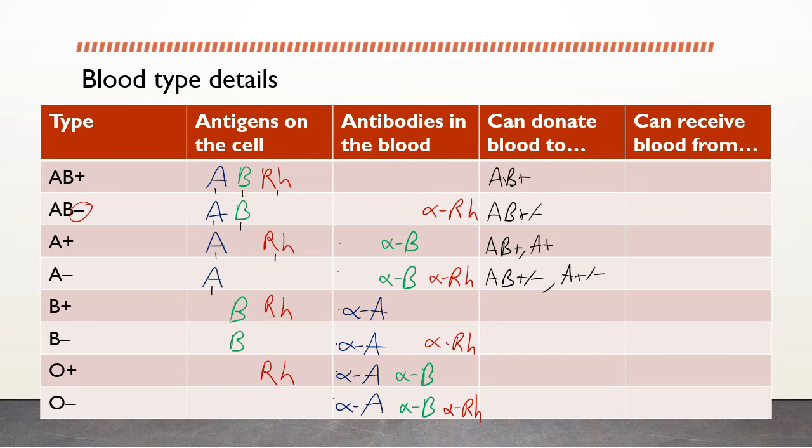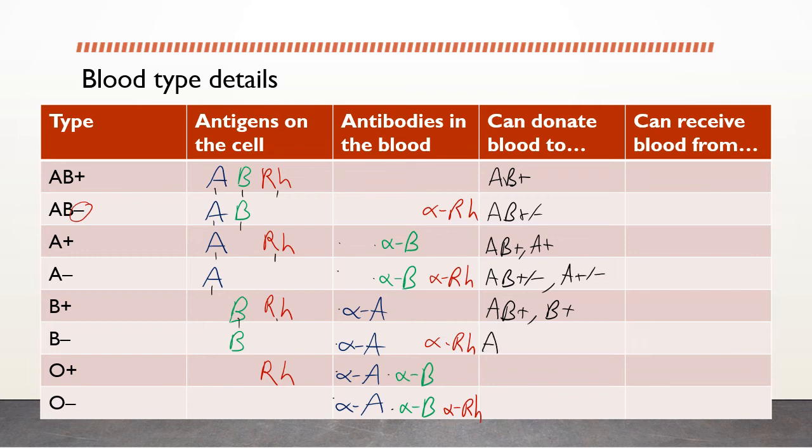Okay, and if you follow this logic, we look for anti-B and anti-Rh, and so we find that the people we can give B positive blood to are AB positive and B positive. The people who we can give B negative blood to, anybody who doesn't have the green anti-B antibodies.